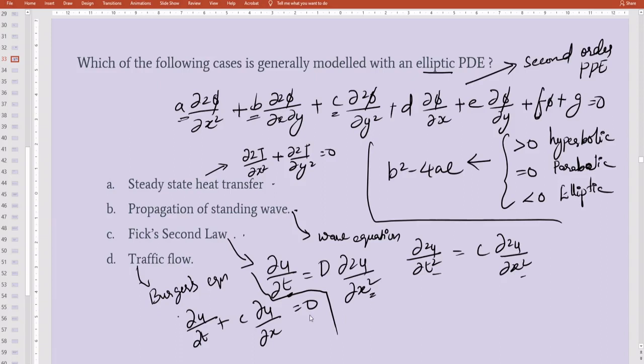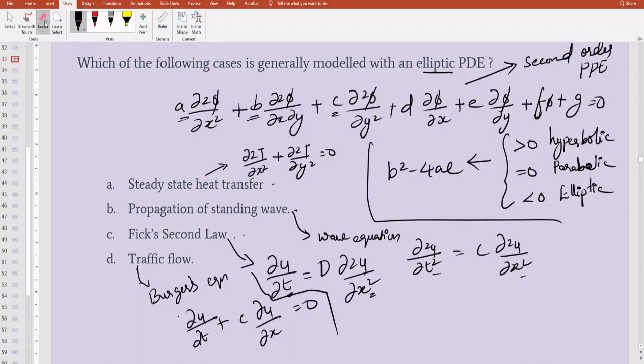So these are the four equations mentioned here. From all these, which of the following is showing an elliptic equation? That's our question.